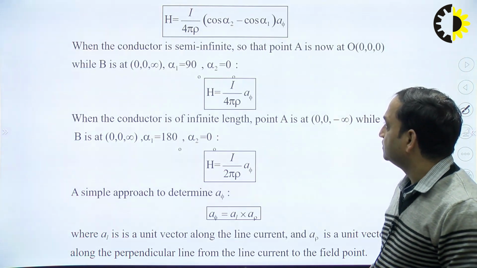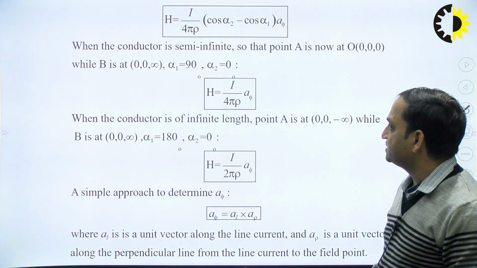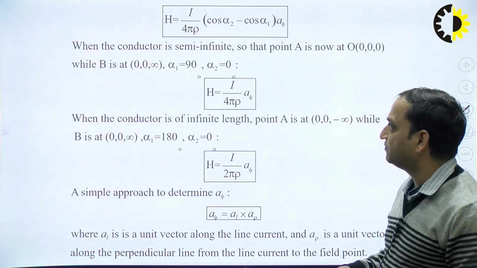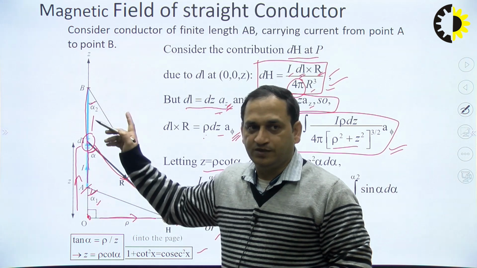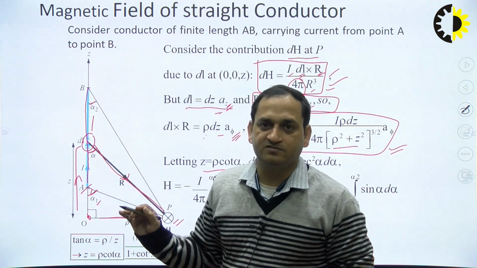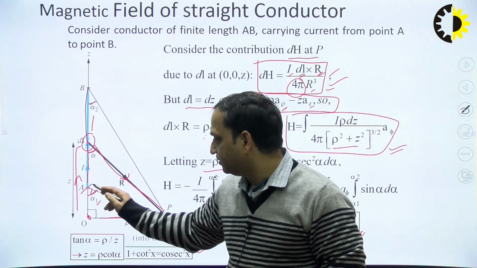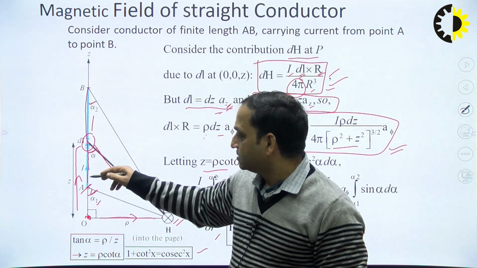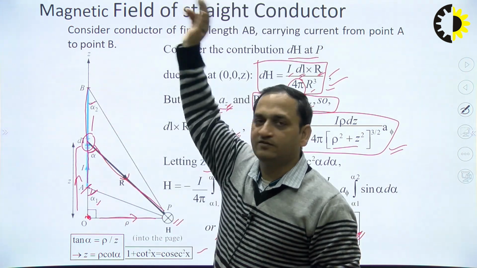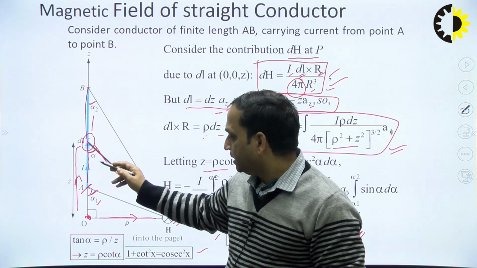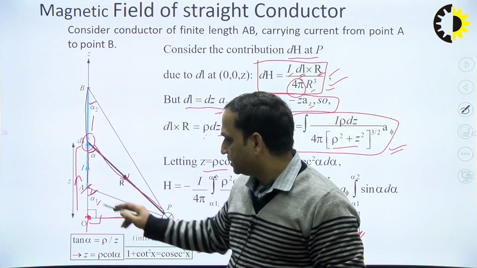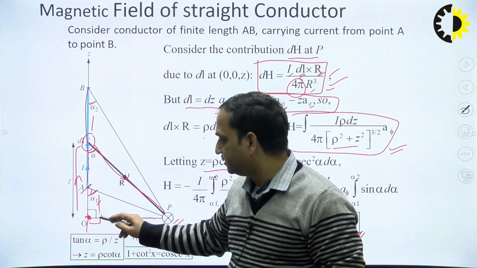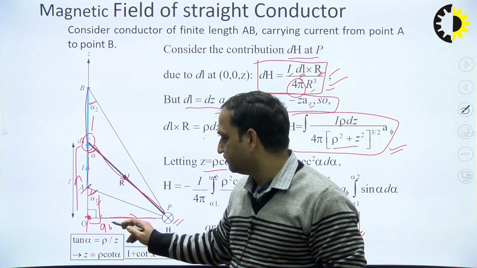So here, let's get some feel of this one, conductors. This is the finite length A to B. Now if I want the semi-infinite case, one point we must know at some instant and some point, and B will be at infinity. If A is here, what is the value of alpha 1? If A is here, then alpha 1 will increase, it becomes 90 degree.